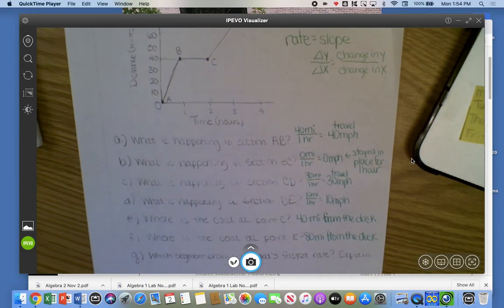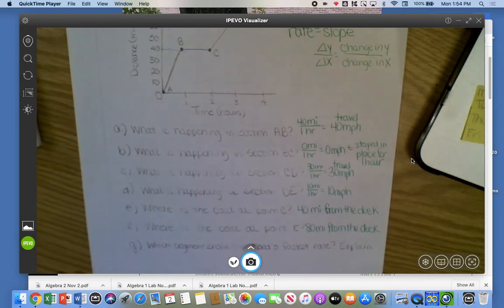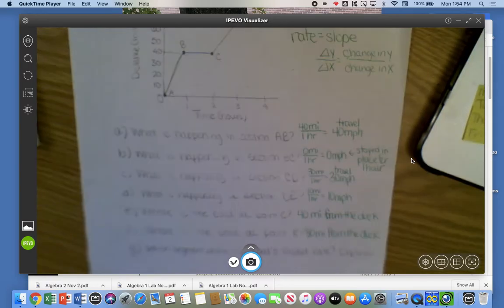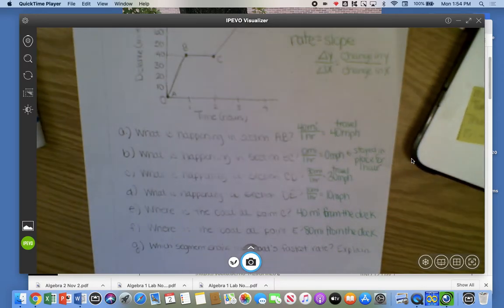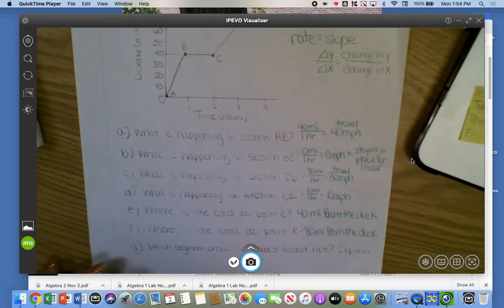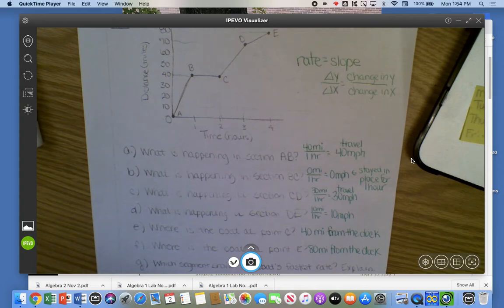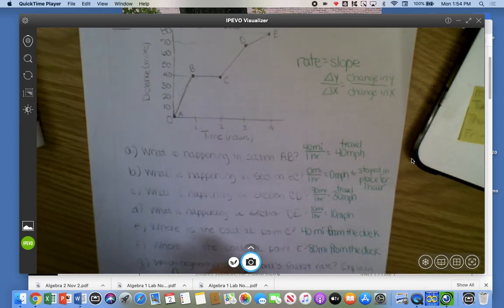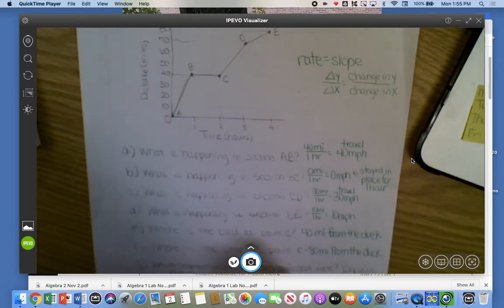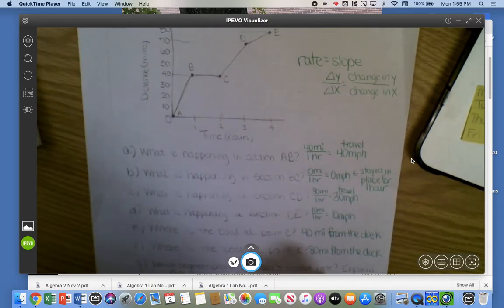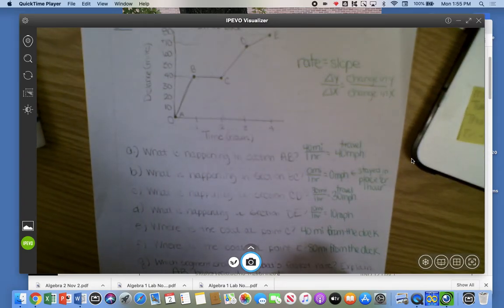All right, and then my last question says, which segment shows the boat's fastest rate? I think I already explained that. Whenever you have a faster rate, we're talking about slope. The fastest rate would have the biggest increase in slope, so we're looking for the steepest line. And that segment is AB because it is the steepest segment.